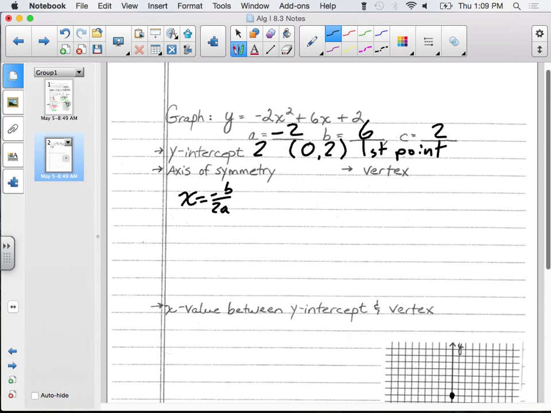Now the next thing we find is our axis of symmetry. Formula is -b over 2a. Yes, Christian? -6 over 2 times -2. All right, so x equals -6 over 2 times -2. Then, once we simplify everything out, what should we be left with? -6 over -4.